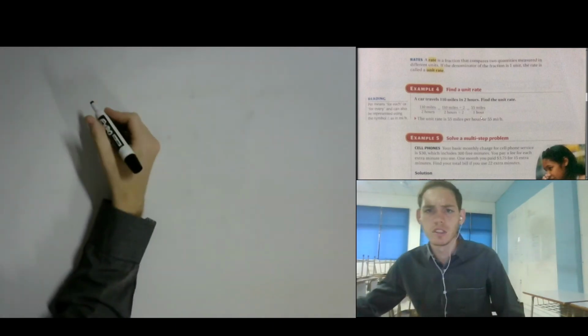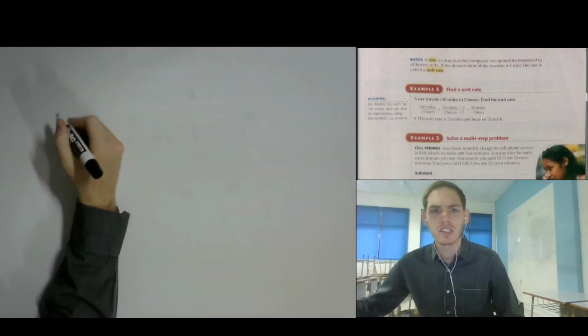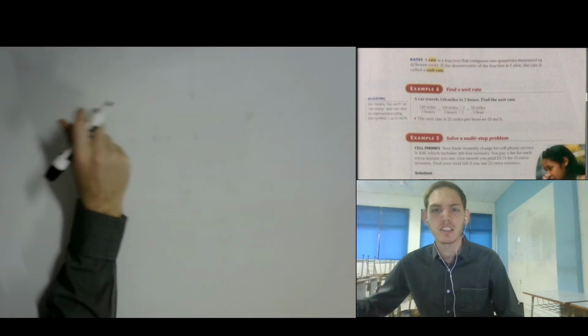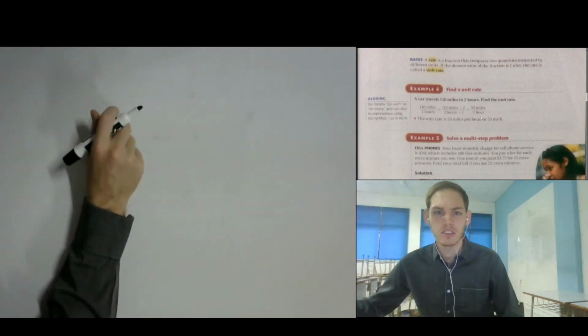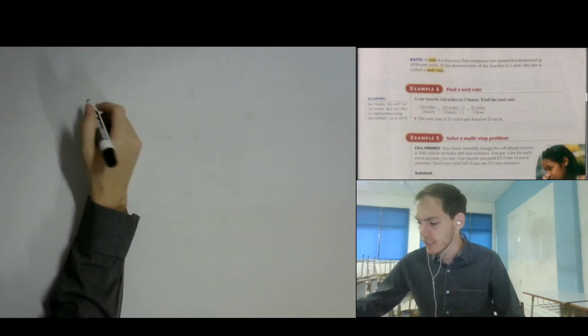Now, rates. We're just going to go through this video pretty quickly. Primarily review. So rate is comparing two quantities measured in different units. That's what a rate does.